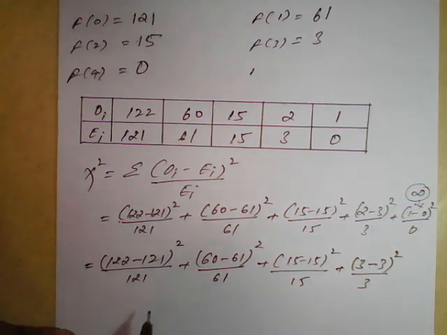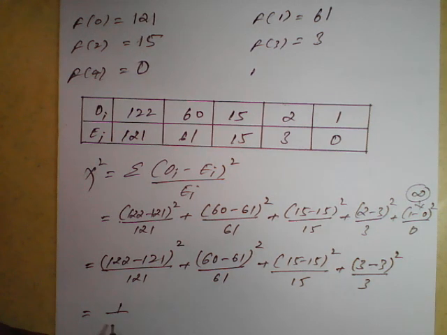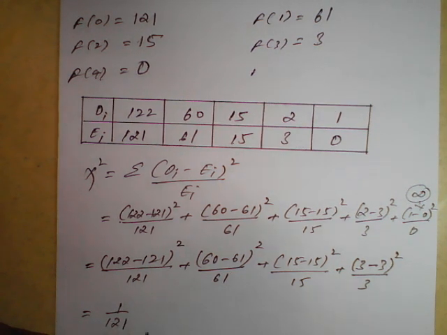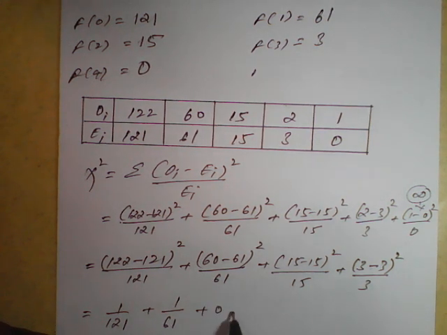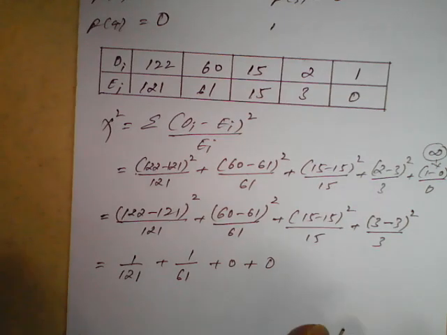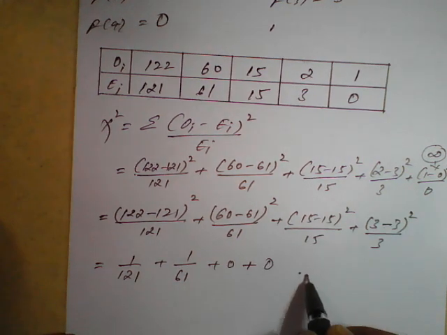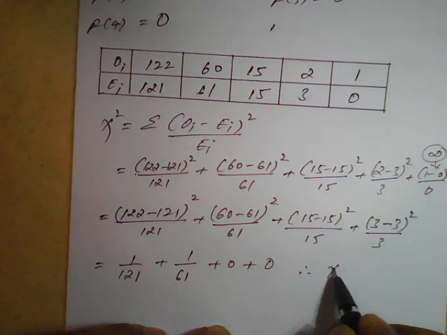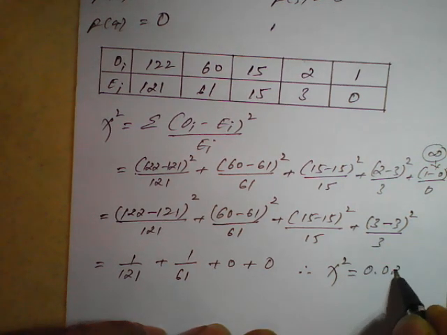To make that arrangement I have made this simplification. So we'll get 1 upon 121 plus 1 upon 61, plus 0 and 0. So on simplification, chi-square will get the answer as 0.025.